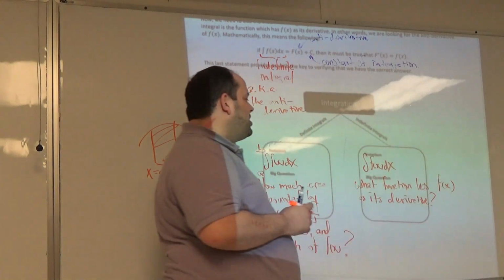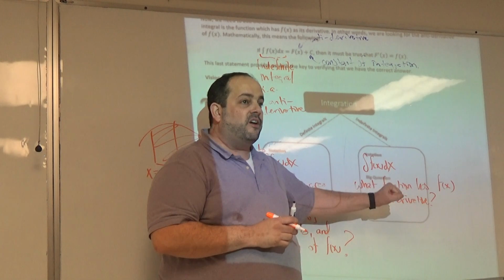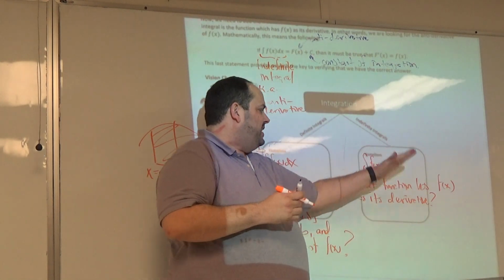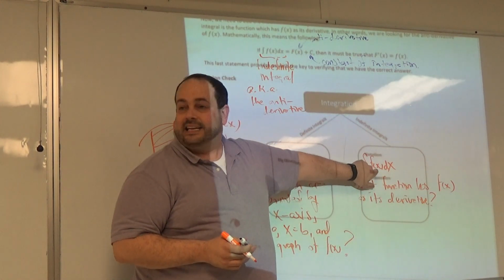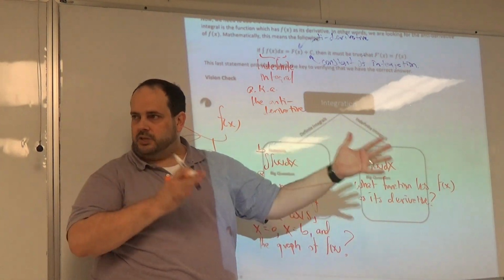I am no longer asking you the area question. I'm asking you for a specific function that has little f of x as its derivative. Is everybody okay with the difference between these two big questions?